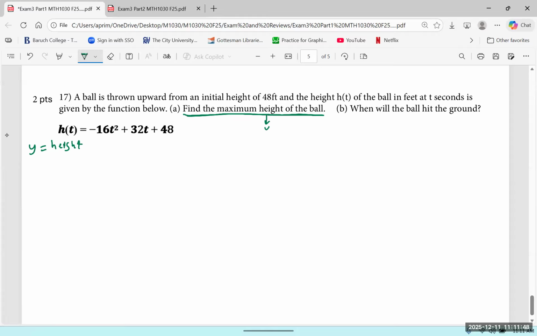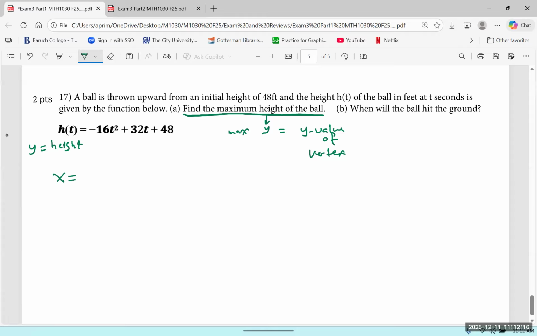Since height means the y value, and you're looking for the maximum y, it means you're looking for the y value of the vertex. Because the vertex gives you the maximum number, the maximum point. So this is not the x value of the vertex, it's the y value of the vertex. And anytime you see the word maximum or minimum for a quadratic, remember, it's a vertex.